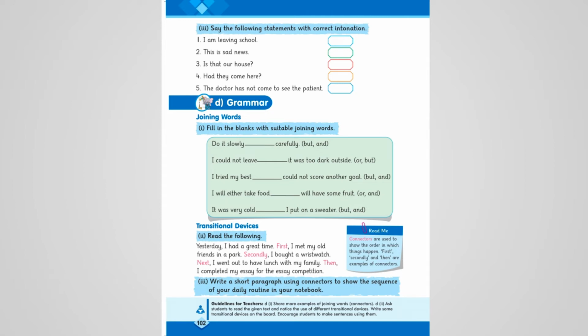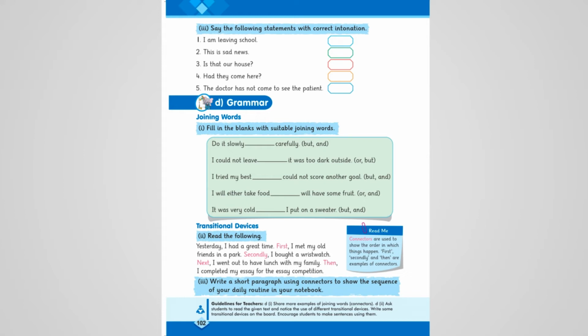Now read the following on page number 102. Yesterday I had a great time. First, that is the transitional word, I met my old friends in a park. Secondly, now he is moving towards the next, I bought a wristwatch. Next, next is also a transitional word, I went out to have lunch with my family.